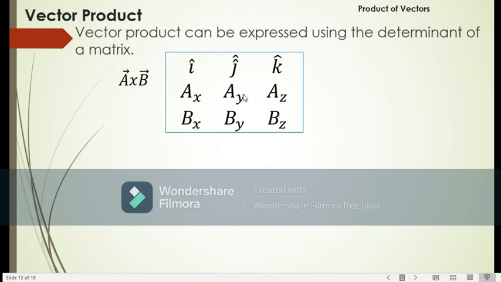So let us multiply first J cross K. J cross K, remember, will give us an answer which is I. So therefore, A cross B is equal to, multiply J cross K, which is A sub y times B sub z.